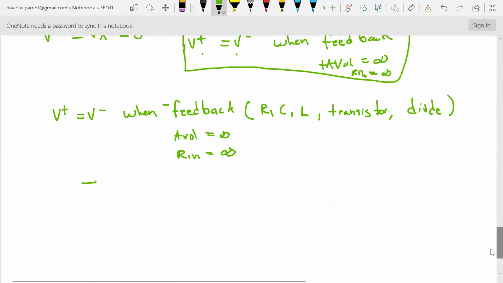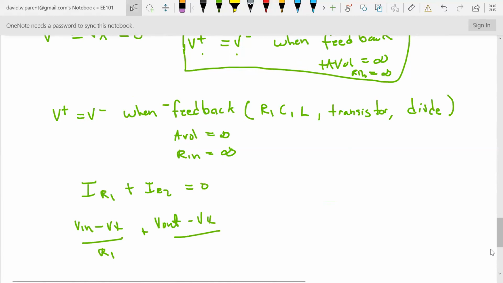So let's rewrite our nodal equation. IR1 plus IR2 equals 0. Vin minus Vx over R1 plus Vout minus Vx divided by R2 equals 0.